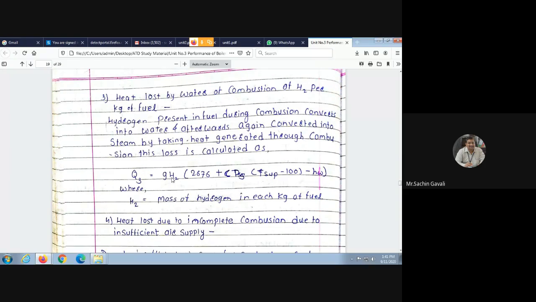So next loss, third loss, who will tell? Okay, Rutuja. Are you in the lecture? I think I can find you. Okay, then she is not. Rakesh brother, are you attending? Hello, sir. Rakesh ji, tell that third number loss.